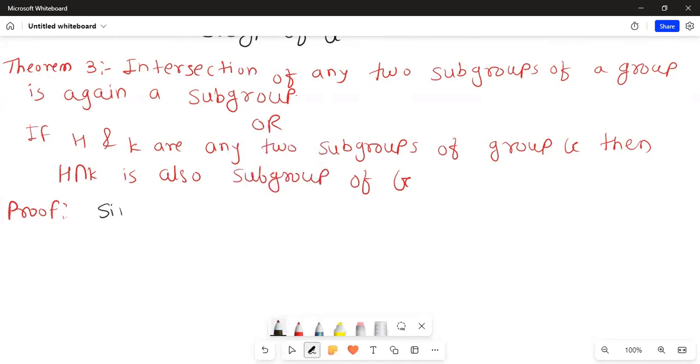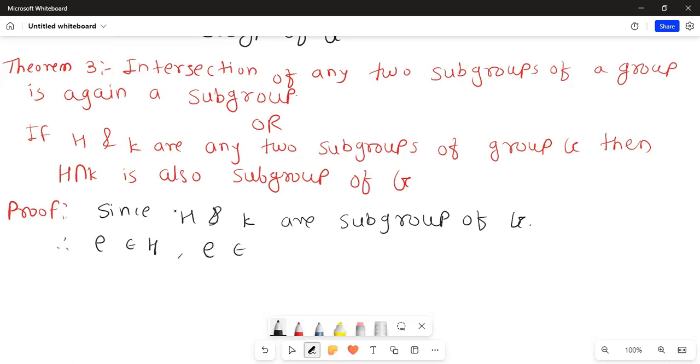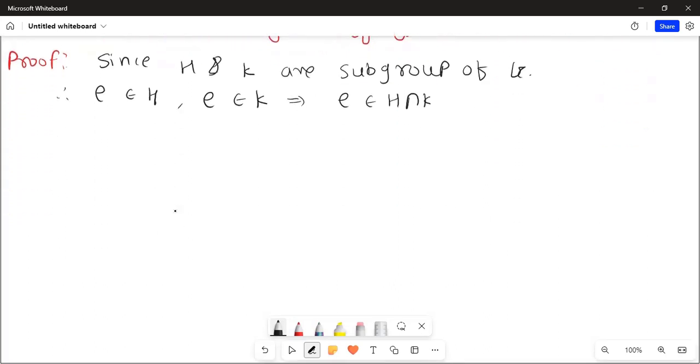Since H and K are subgroups of G, suppose H and K लिया है हमने, H and K are subgroups of G, and therefore e belongs to H, e also belongs to K. And so e belongs to H intersection K, since H intersection K is non-empty.